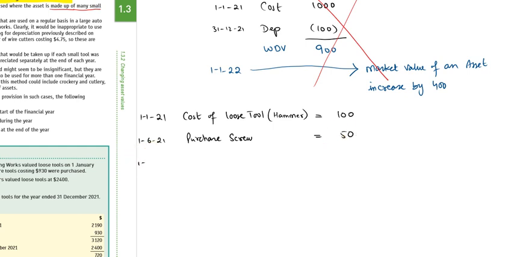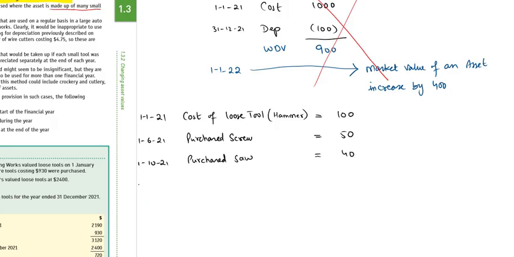So at October 21, we purchased a saw, that is 40.